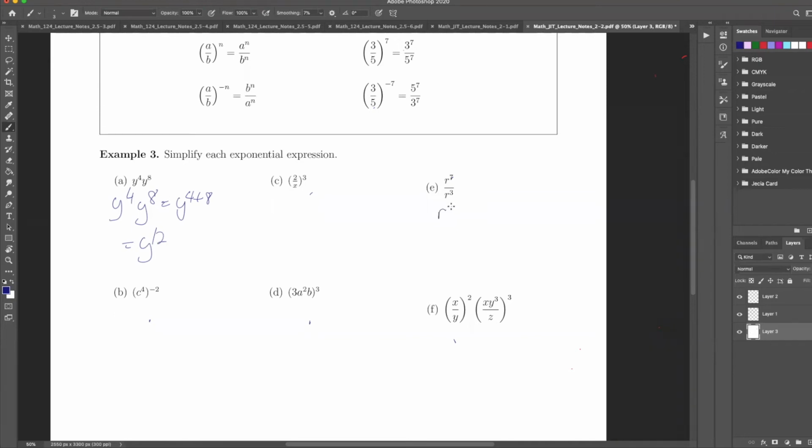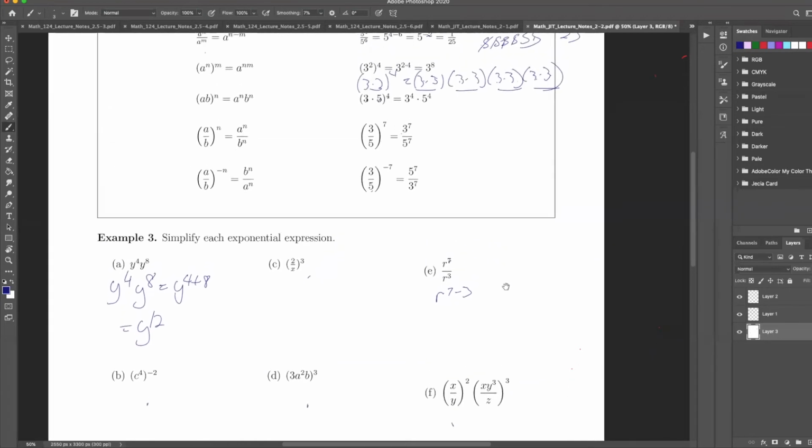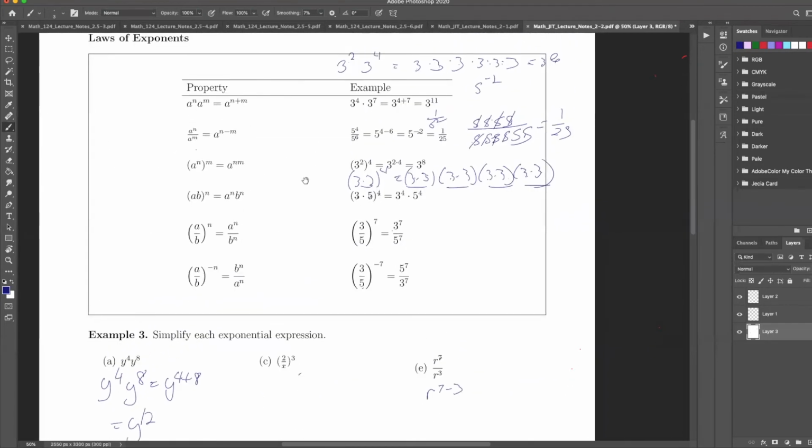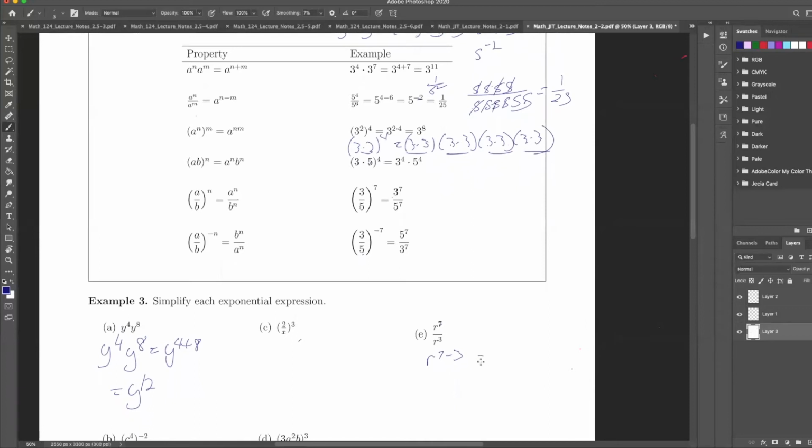So we have r to the 7th minus 3, following this rule right here. And so this becomes r to the 4th. I notice if I did this out longhand, this would be r times r times r times r times r times r times r, 1, 2, 3, 4, 5, 6, 7, over 1, 2, 3. And that just leaves me 1, 2, 3, 4 up top.